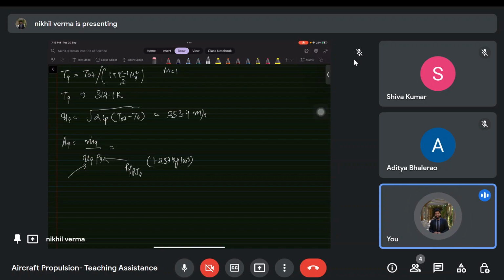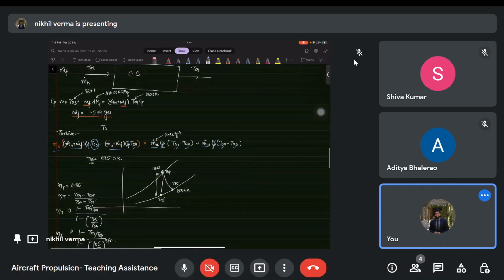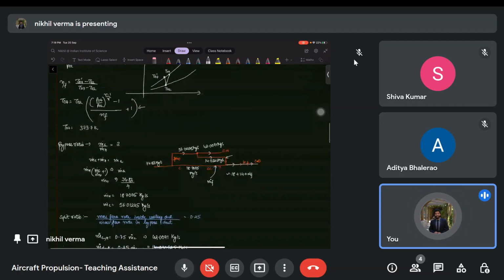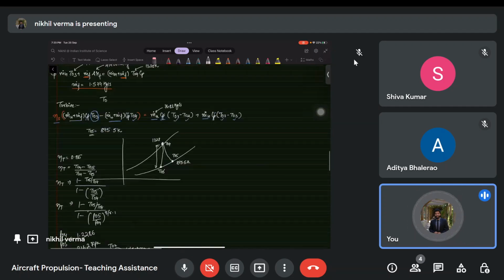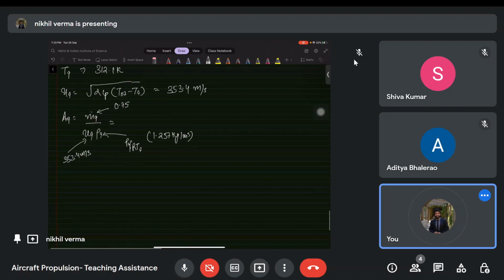Your U9 is known, 353.4 meters per second. M dot 9 is 0.75 times of this, so this is 42.0091 kg per second.